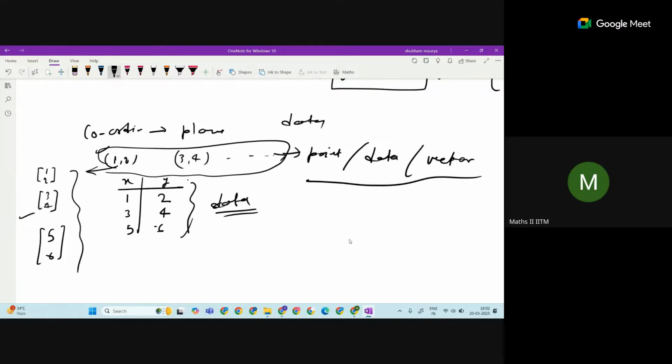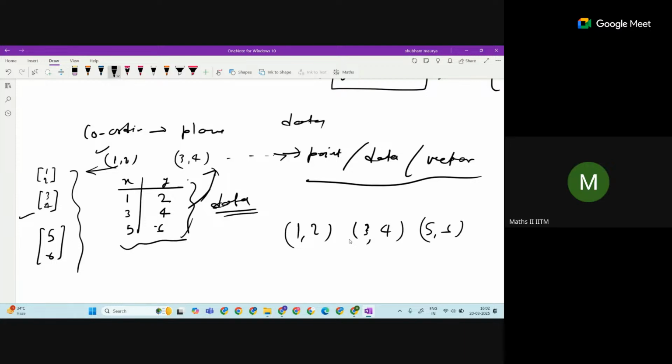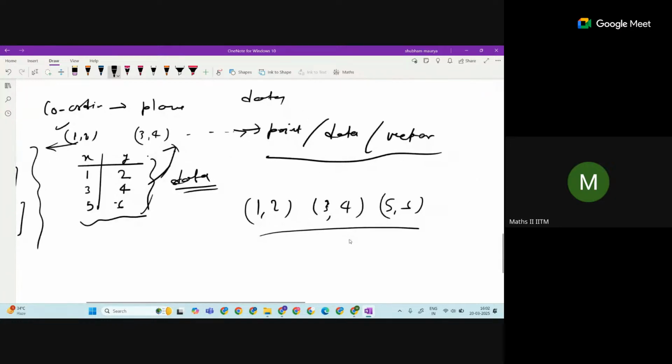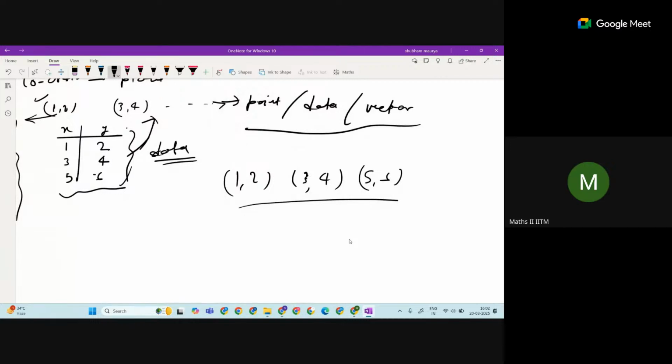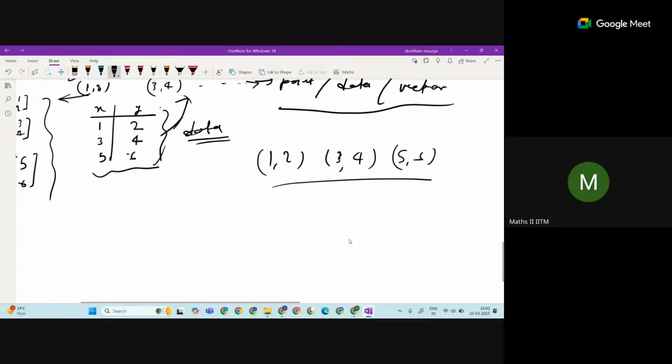You can interchange and call it data points, whatever you want to say. Now I'm just naming it data. We have some data, 1 2 3 4 5 6, as the professor is saying. Now we will see some relation using this data.